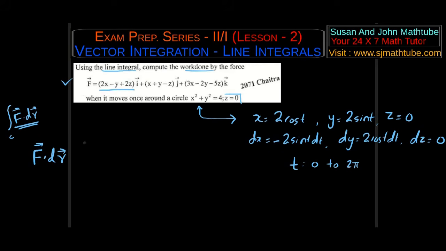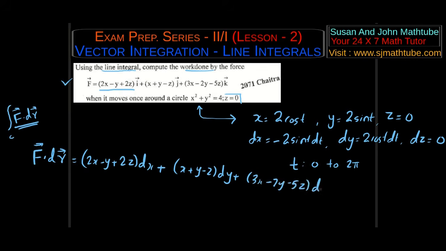So f dot dr is going to be 2x minus y plus 2z times dx plus x plus y minus z dy plus 3x minus 2y minus 5z dz. Because this time I took r to be xi plus yj plus zk, so that dr ended up with dxi plus dyj plus dzk.